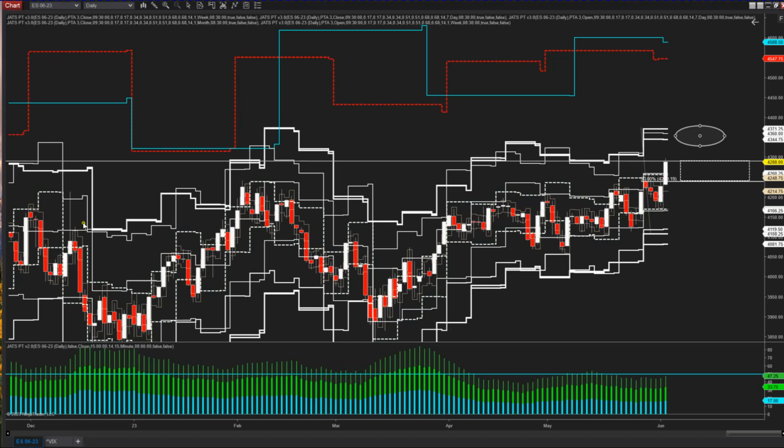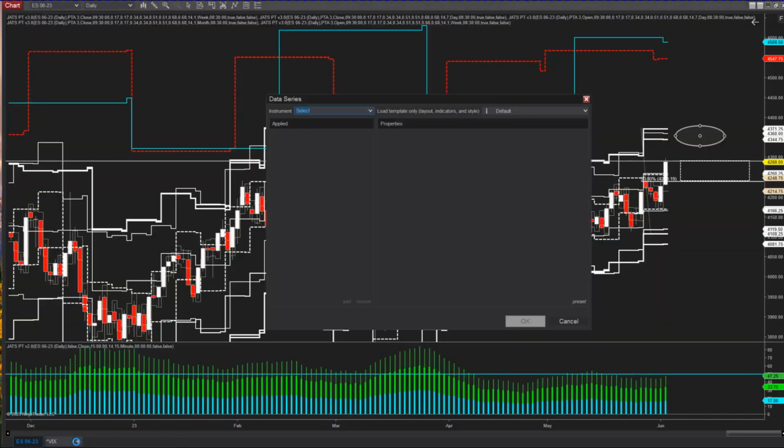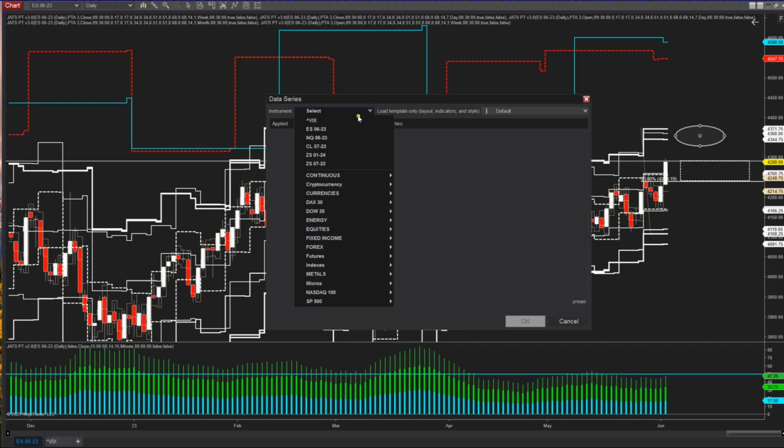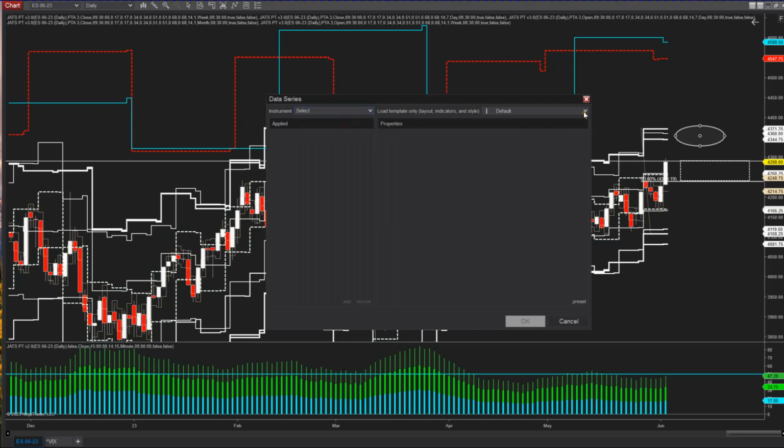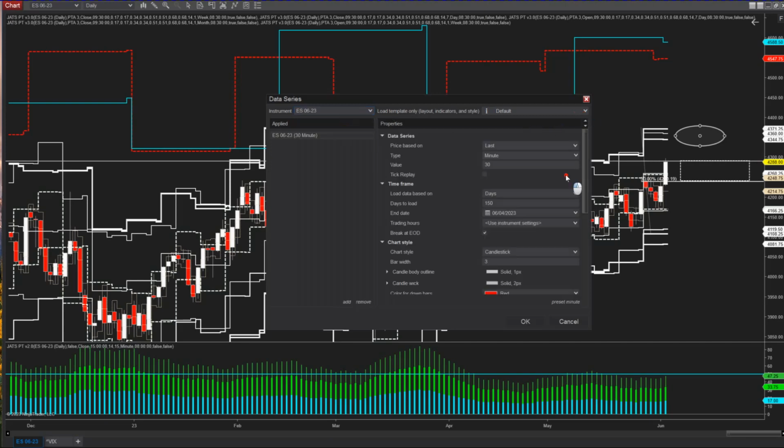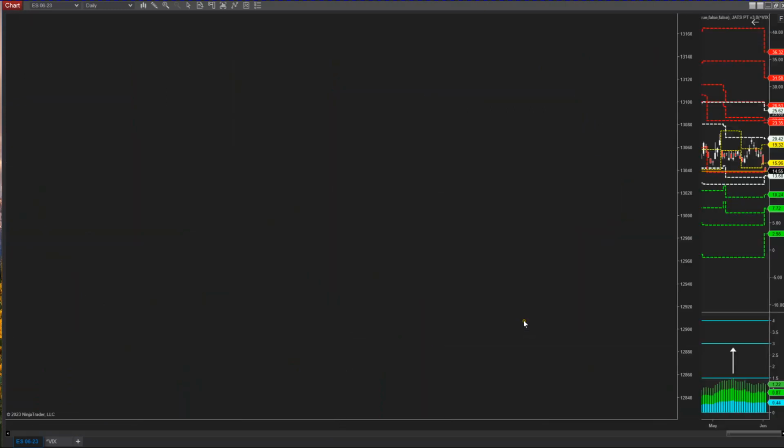Just click the plus sign and you'll get a new chart. Put the ES on the chart. I'm going to start with a blank. Well, it's already on here, so I don't have to build it.